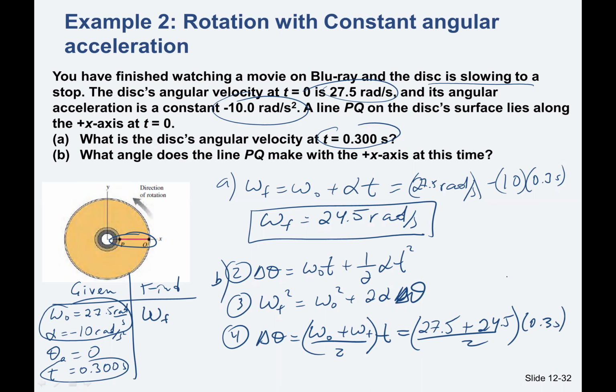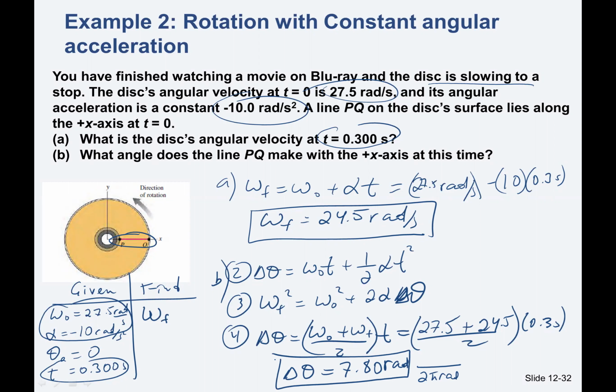Whichever equation you use, you should get the same answer. So here I'm going to get, for example, 7.8 radians. And if I use this conversion factor of 2 pi radians, technically I'm done with this.